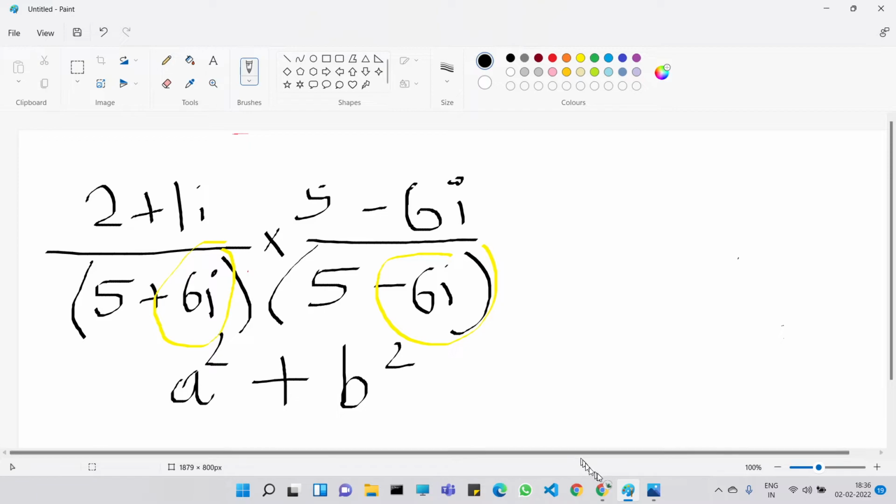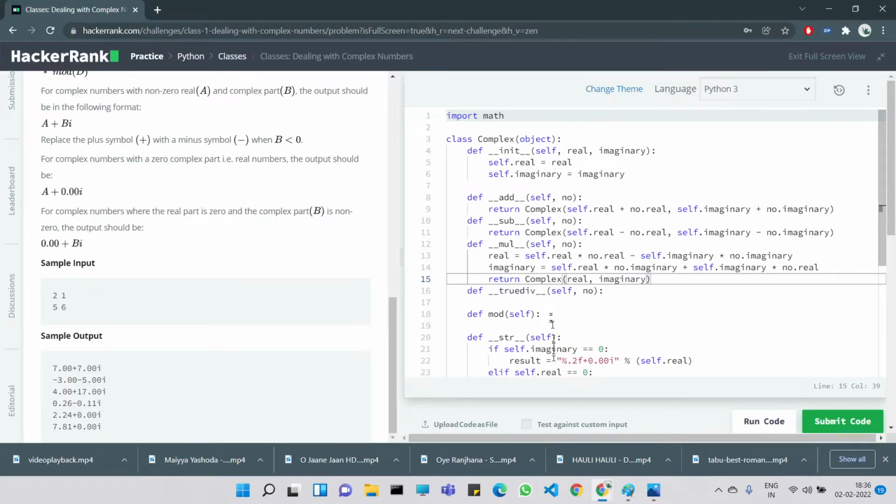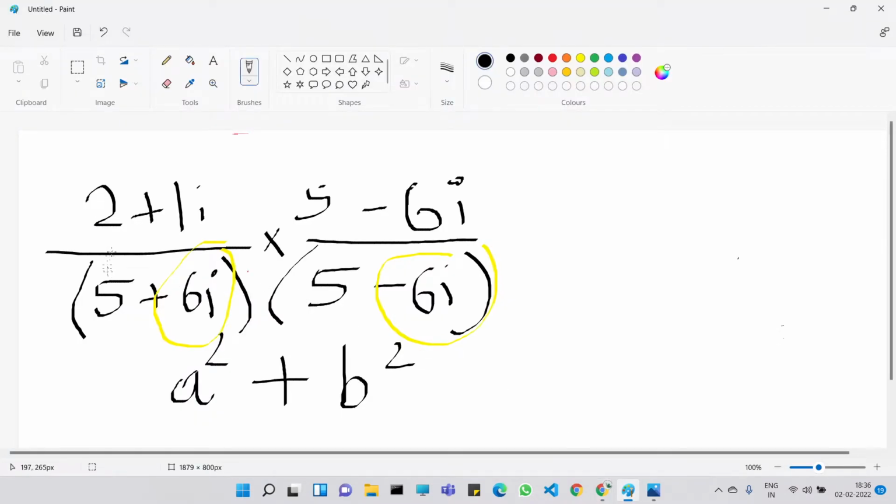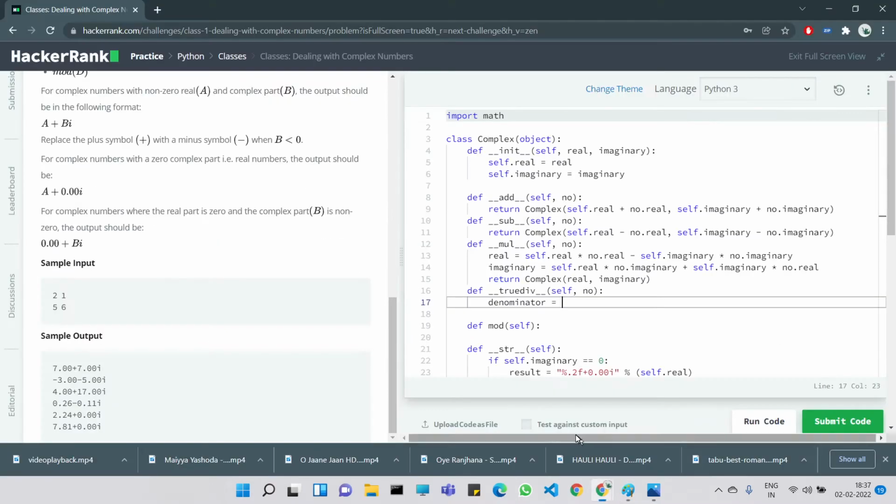So first we can write the denominator over here. Denominator equal to, this is number dot real, right? Number dot real multiplied with number dot real, then number dot imaginary multiplied with number dot imaginary. So for square, we can use the square function.